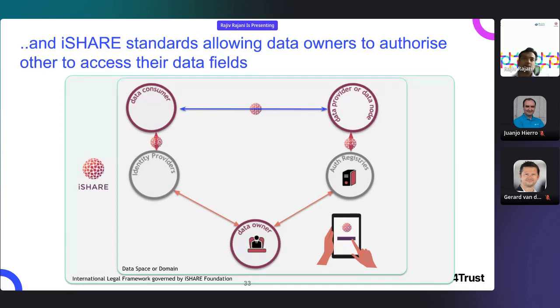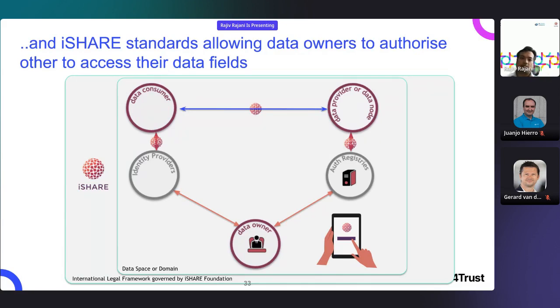In terms of authorization registries, this role defines where you will store the authorizations as a data owner, so that when a data consumer is asking for data from a data provider, the data provider can validate if this data consumer should have access to this data or not, and under what conditions. So that is the role defined in the authorization registry.